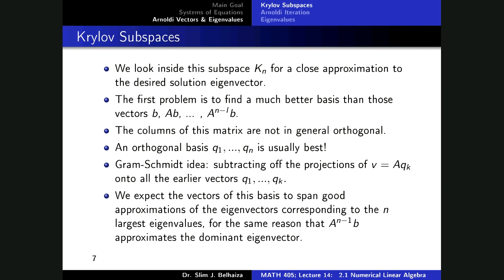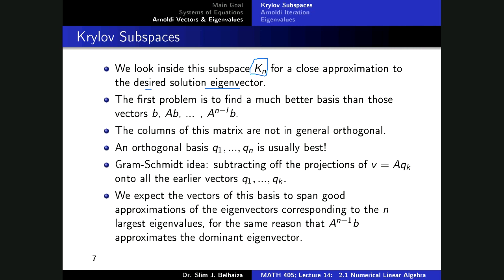So we look inside this subspace Kn, K for Krylov, for a close approximation to the desired solution eigenvector, which corresponds to the largest eigenvalue. Now, Mohammed, can you continue? If I have the largest eigenvalue and the largest eigenvector, basically I get the closest approximation to my matrix. You get my point?